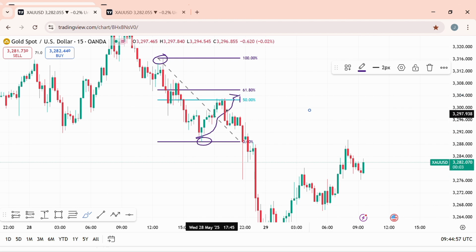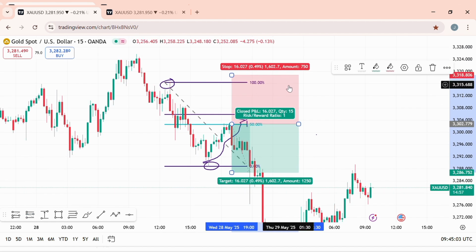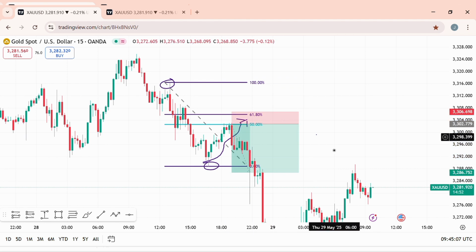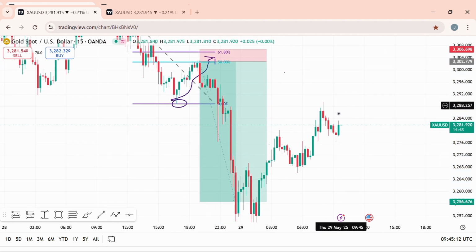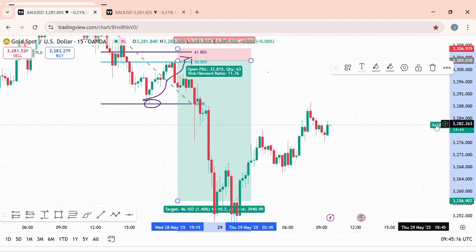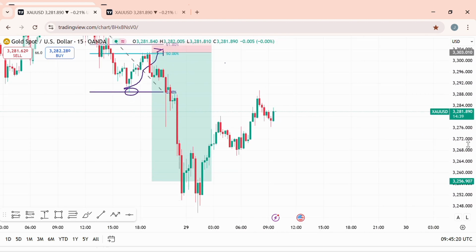What happened? The market pulled back to this zone, then you enter, you trade. See what happened? All this, over 394 pips, and that's what happened.